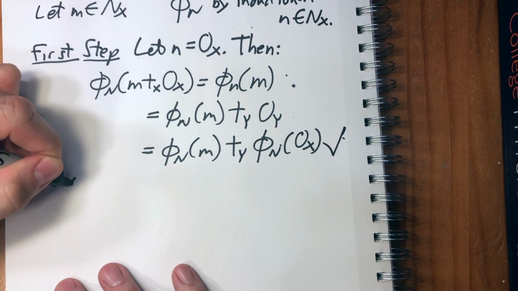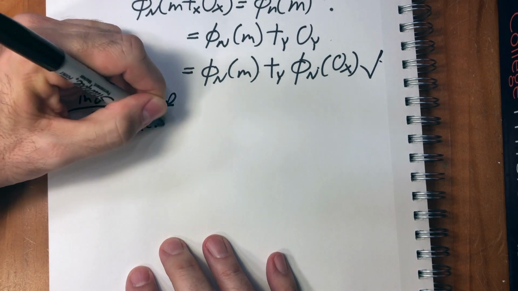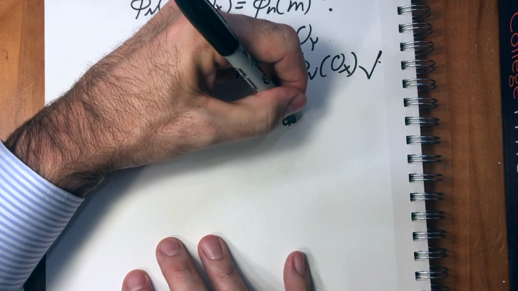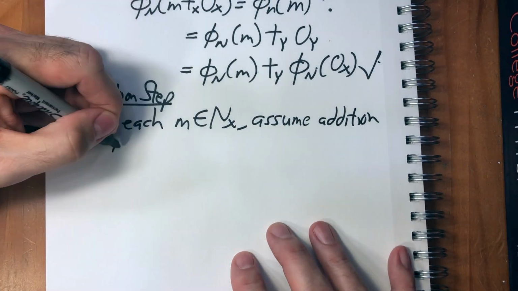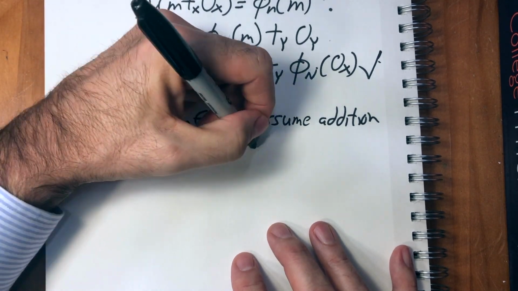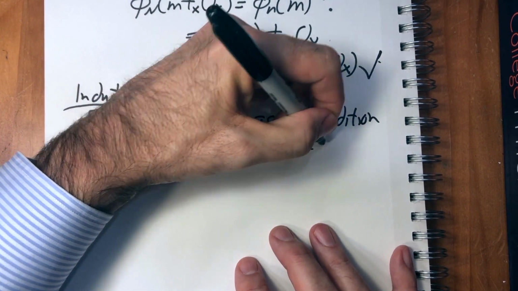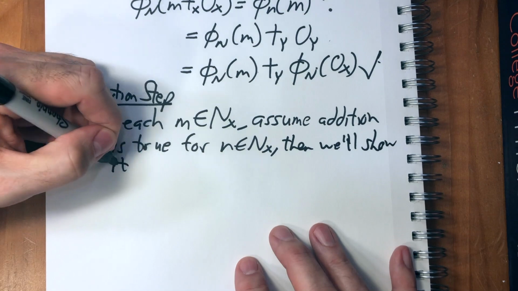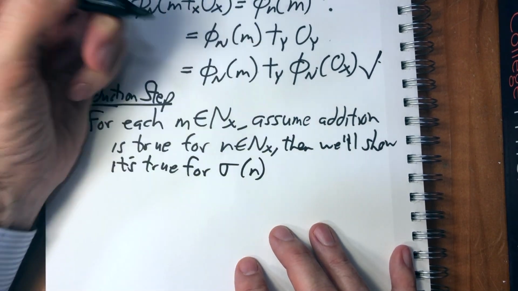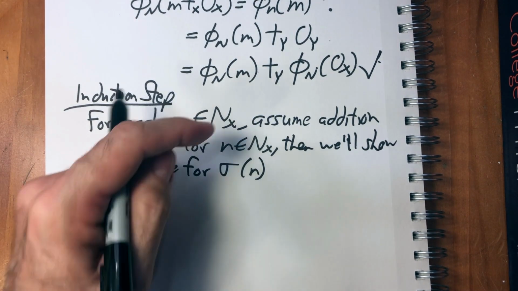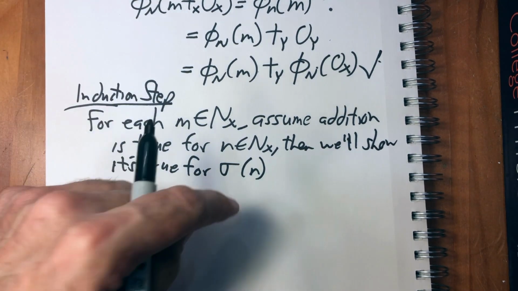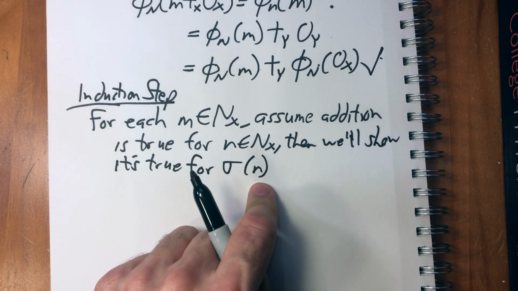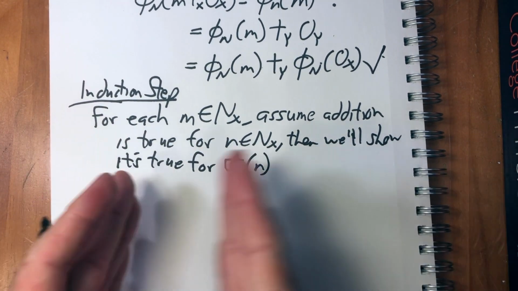Now the induction step. For each m in x, assume additivity is true for n, then we'll show it's true for the successor of n. If it's true of n, then it's also true of its successor. By doing that, start at 0, and then you've done them all.